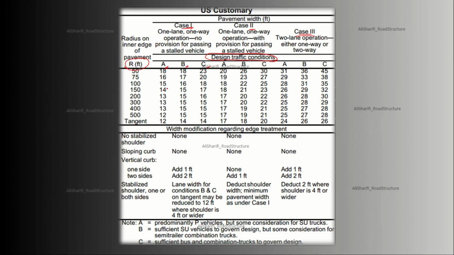It really helps you get a better understanding of each traffic condition if you already know what kind of vehicle or combination of vehicles are used in calculating these widths.